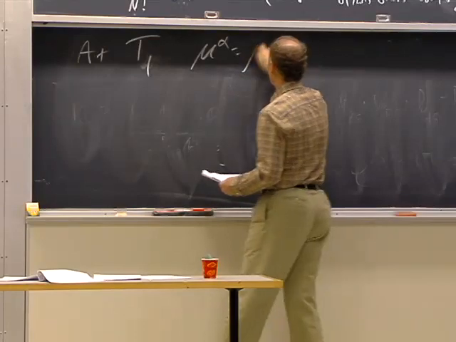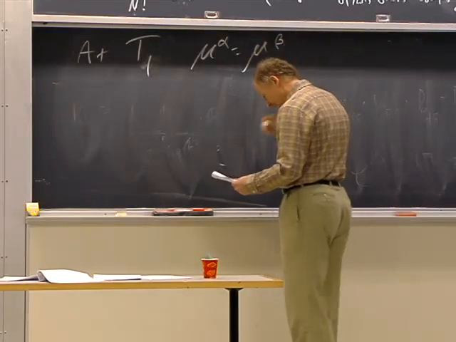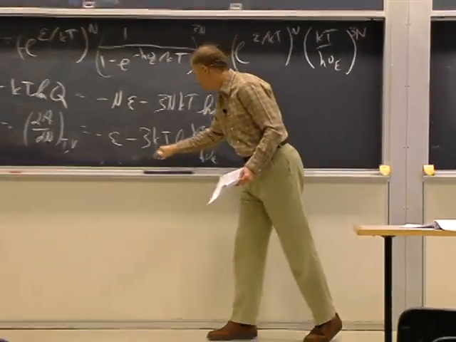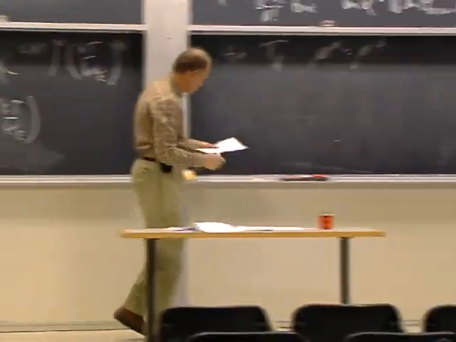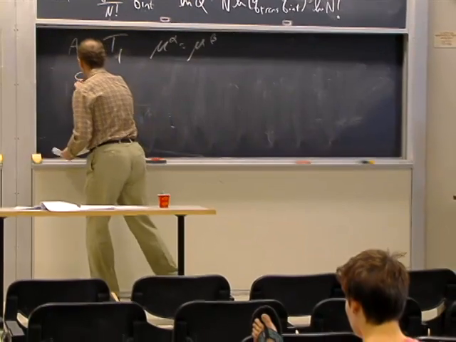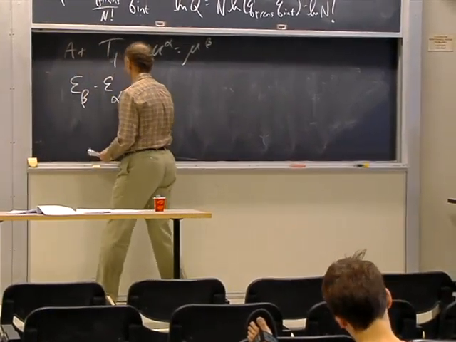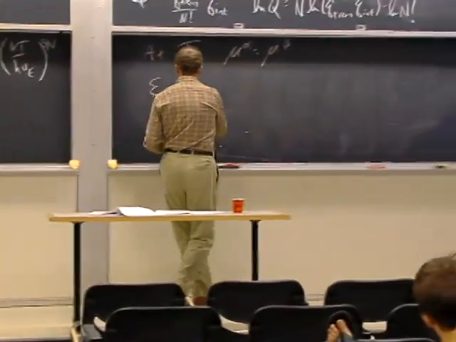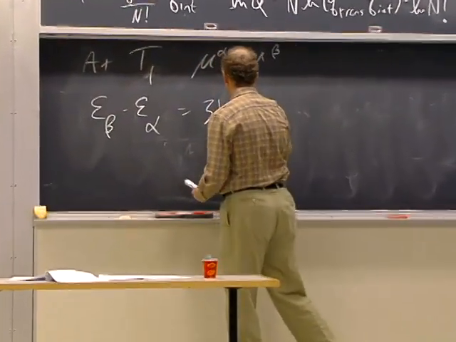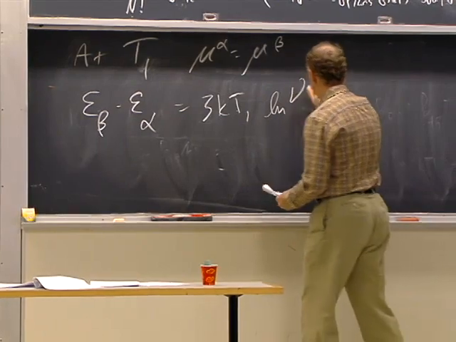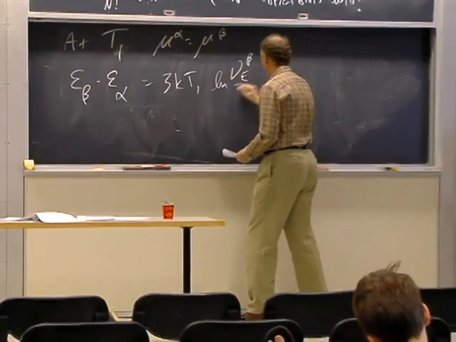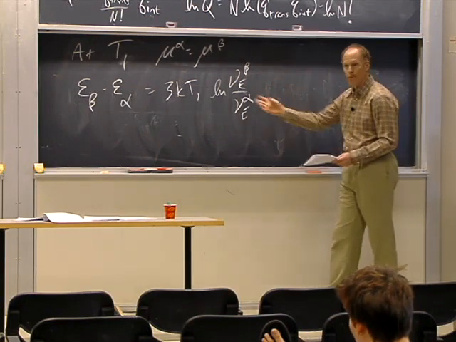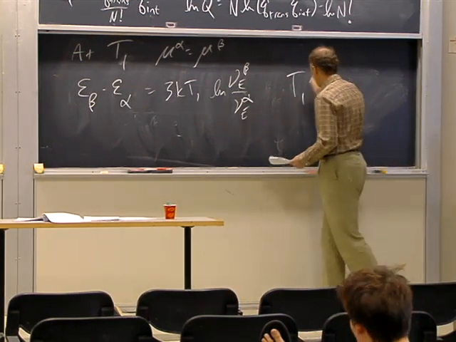Mu alpha is equal to mu beta. So this stuff for alpha is equal to this for beta. That's it. So what does it say? It says e beta minus e alpha, these terms, equals 3 kT1 log of nu e beta over nu e alpha. Solve for T1.